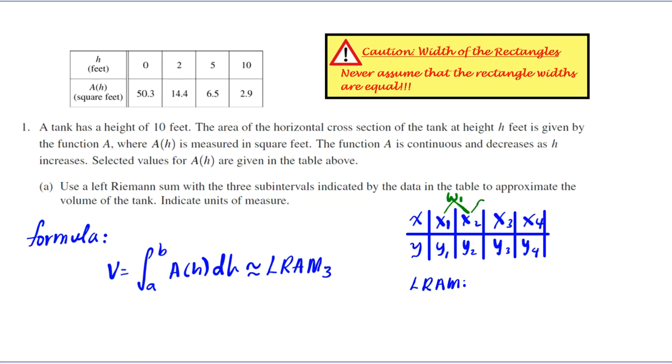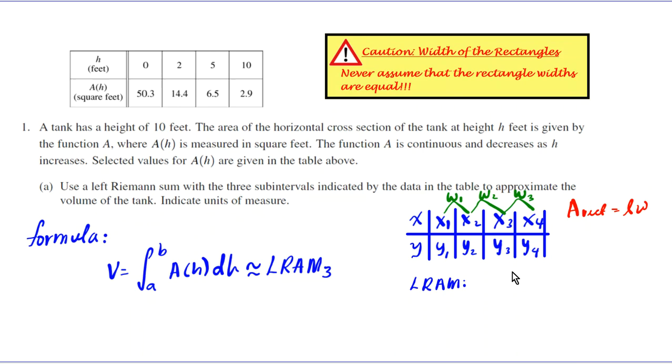And then from x2 to x3, that's the second width. And then from x3 to x4, that will be your third width. Okay, so we're going to have 3 rectangles. So this is width 1, width 2, width 3. And we know that the area of a rectangle is length times width, right?